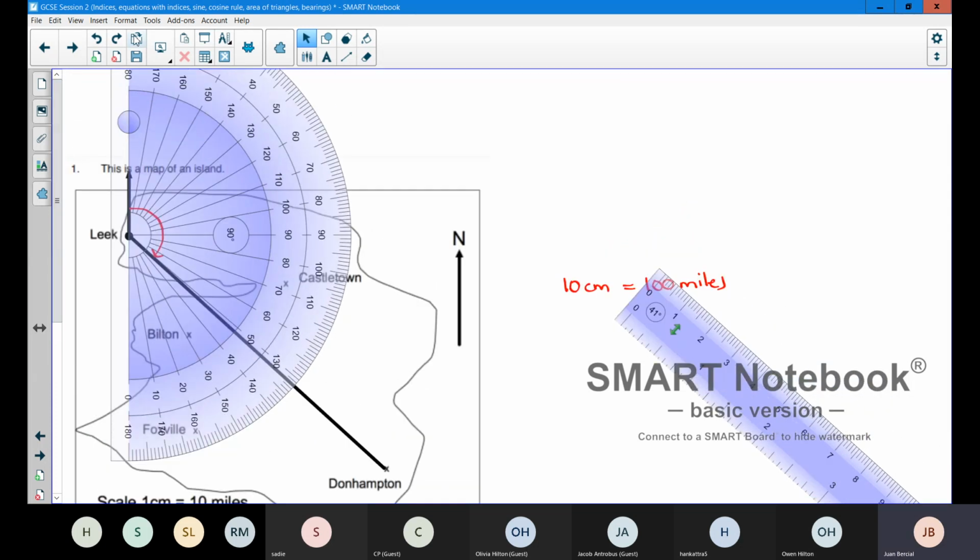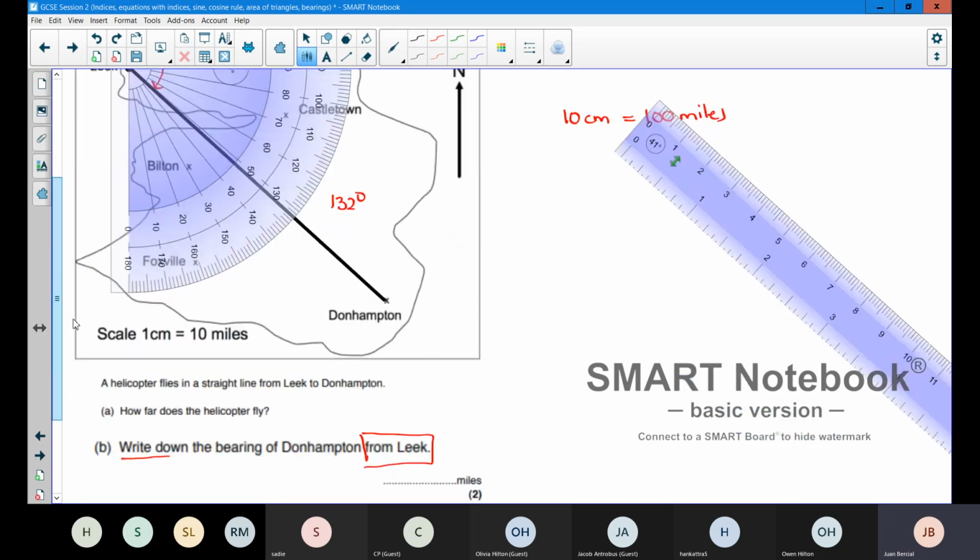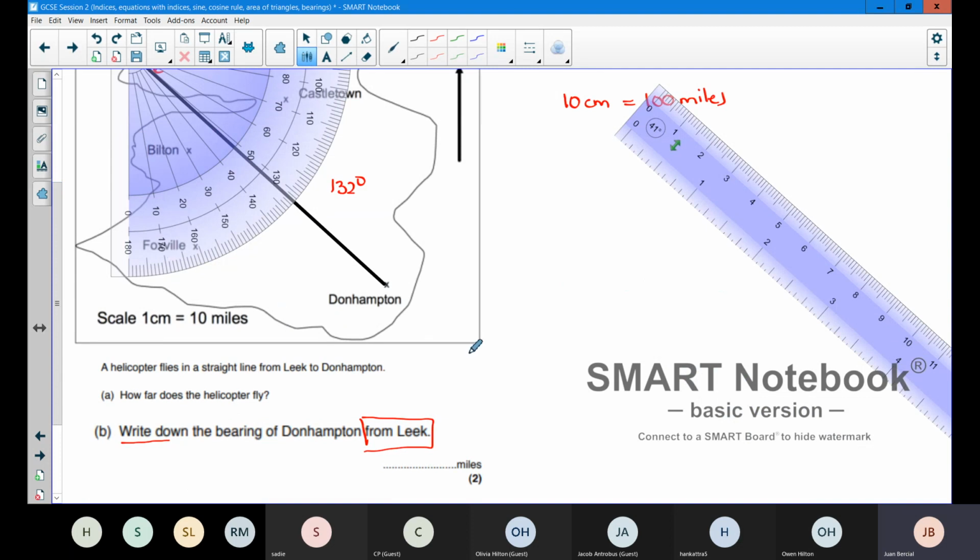Starting at 0, that's 40, 90 is a quarter turn, 100, 110, 120, and that seems to be 132. That angle, from 0 all the way there, is 132 degrees. So the important thing is from Leek, I put the arrow at Leek, and the bearing will be 132 degrees.